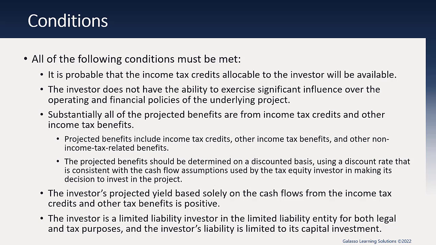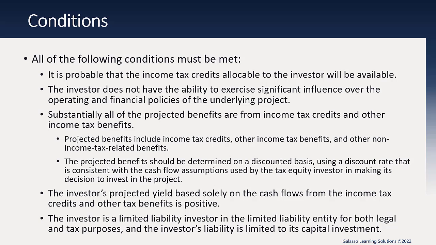And then the investor's projected yield based solely on the cash flows from the income tax credits and other tax benefits is positive. And finally, the investor is a limited liability investor in the limited liability entity for both legal and tax purposes, and the investor's liability is limited to its capital investment. And so again, as long as you meet these conditions, you're not going to exercise that significant influence, and substantially all of the benefits are from the income tax credit, right?